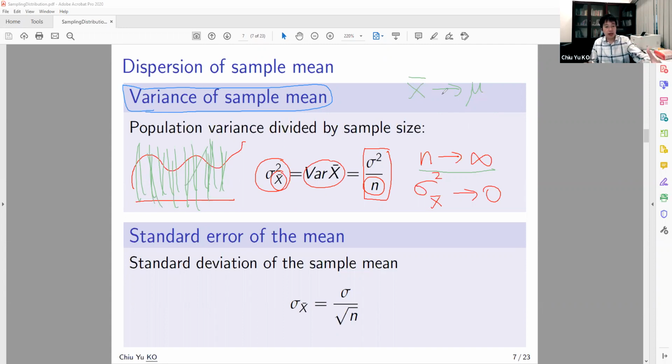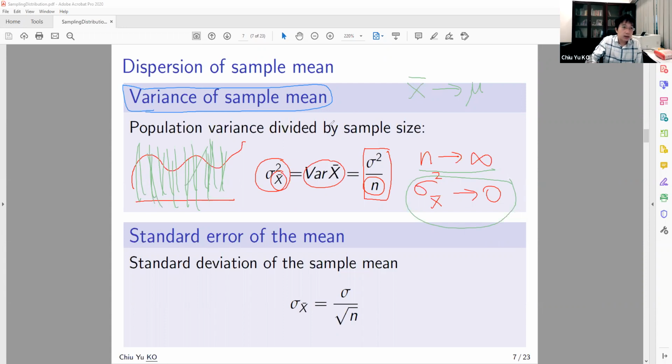Every sample you get is close to the population mean. That means there's no variability, no variance. That's why it's 0. That's the intuition. Just like you consider an urn of many balls, and each time you get a ball and put it back, get a ball, put it back. Then the sample outcome should be very close to what actually is inside. So that's why there's no variation, okay?